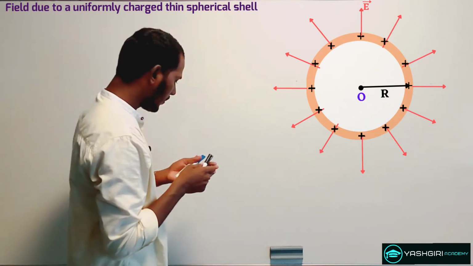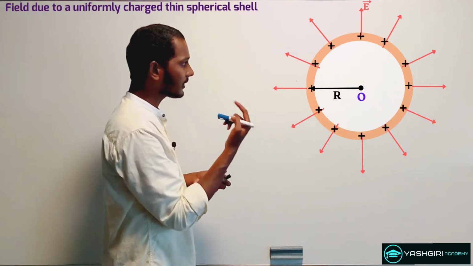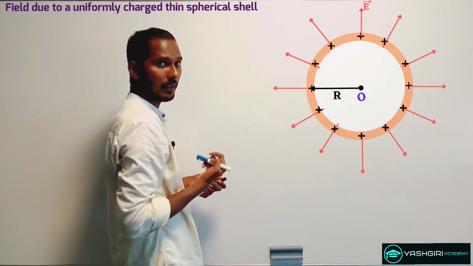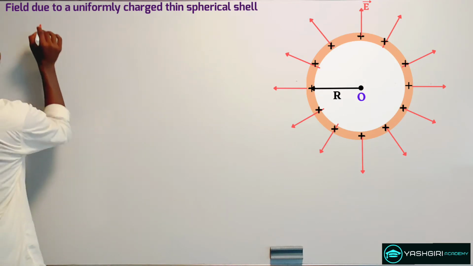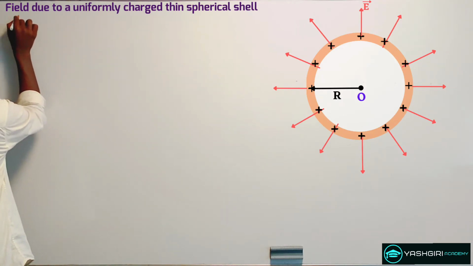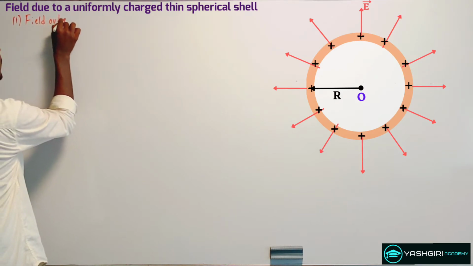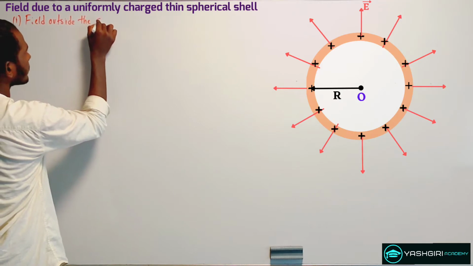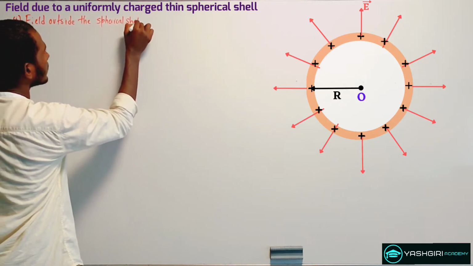So what I know is that let us consider the first case, that is a field outside the spherical shell. So let's go with the first case where you are having a field outside the spherical shell.